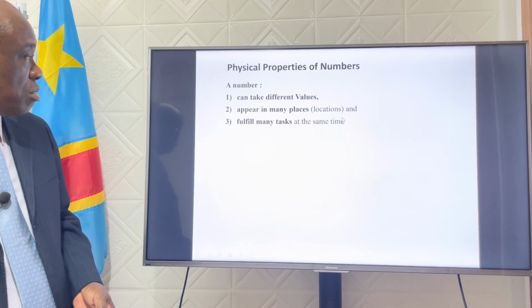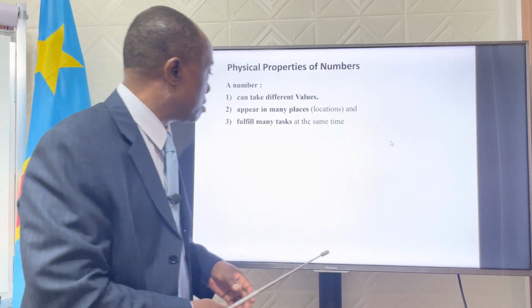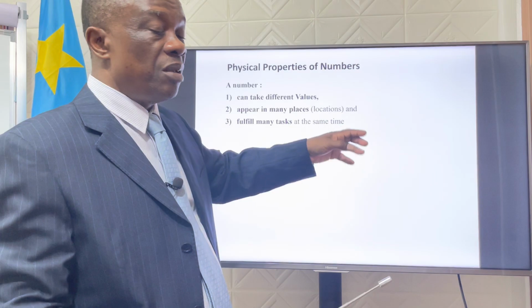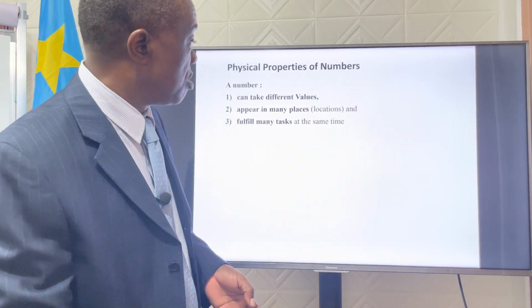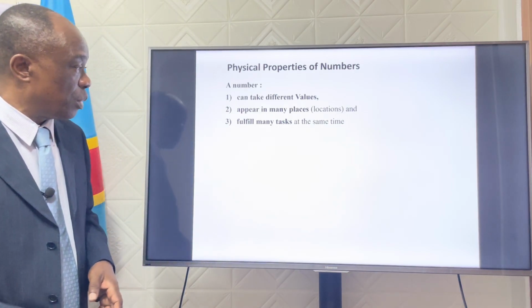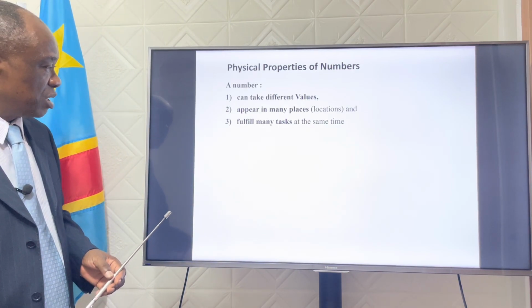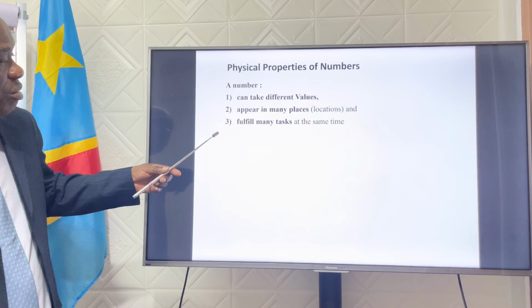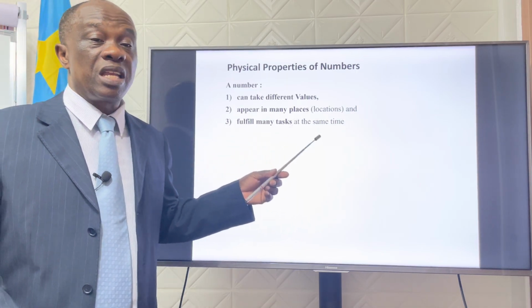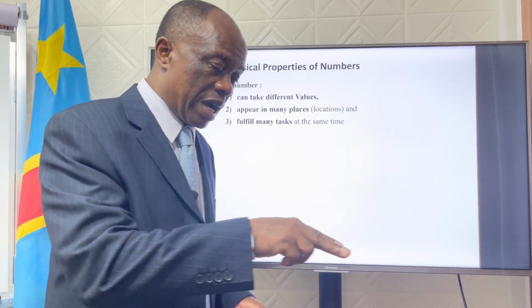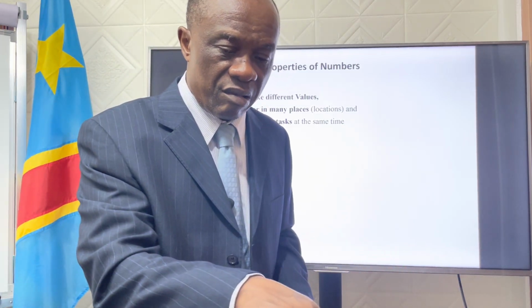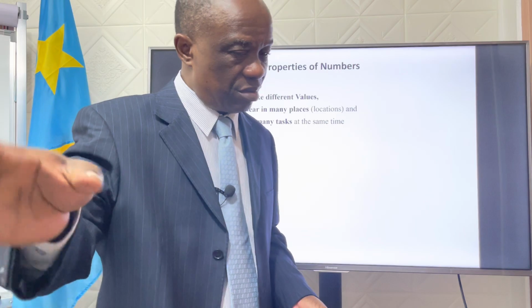So a number can appear in many locations at the same time. We are going to give you an example of that. I don't need to explain. A number can fulfill many tasks at the same time. It means buy a chocolate, buy a candy, buy anything.